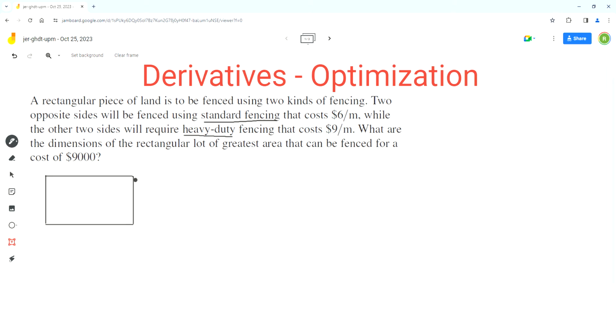So let's assume this is our rectangular piece of land. Let's assume the length of this rectangle is x, and the other length is this one. Let's assume these two opposite sides are fenced using standard fencing, and the cost of that is $6 per meter.